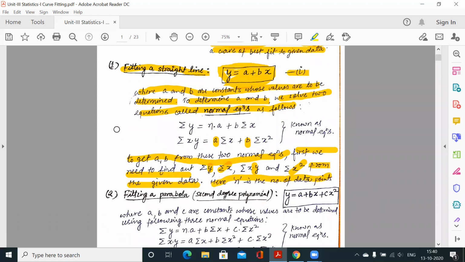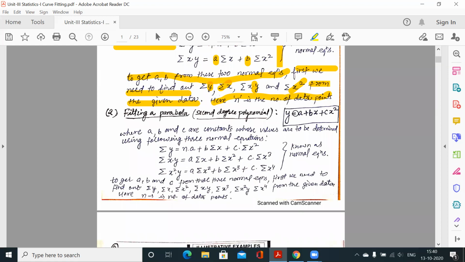Now the question is how to get these two normal equations. We have a systematic process to get the normal equation from this curve. These equations will vary according to the question. For a straight line we have these two normal equations.